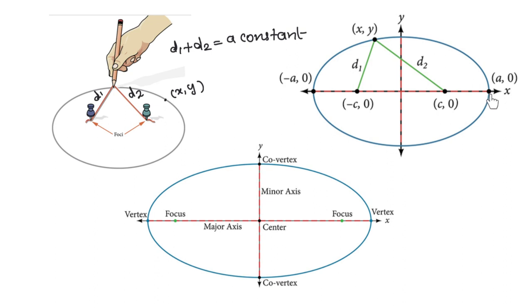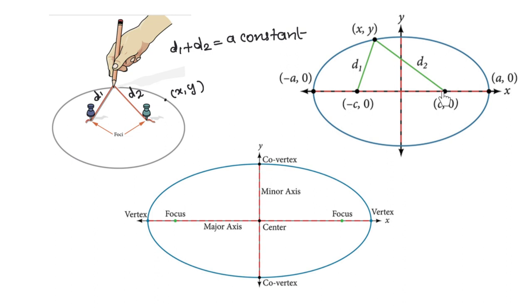These two are the vertices of the ellipse. This is also one of the points on the ellipse, right? So d1 and d2 are the distances from each focus to the point. So instead of x, y, I am taking that point as a, 0. The distance from this point to this focus is a minus negative c, right? That makes it a plus c.